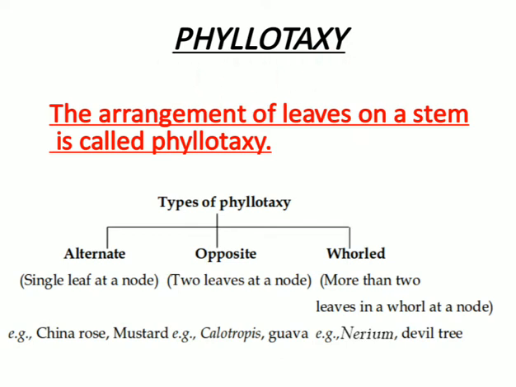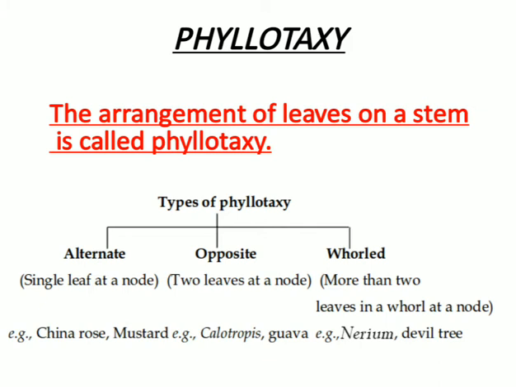As I told you when I was discussing the functions of the stem in my last lecture, one of the very important functions of the stem is to take the leaves of the plant to a height so that they can be exposed to maximum sunlight and carry out photosynthesis.